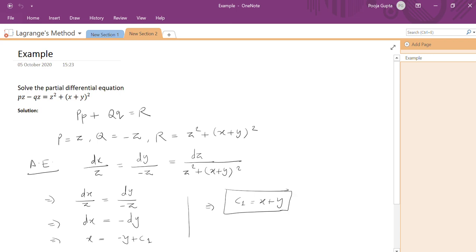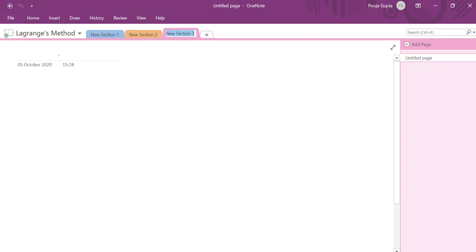Now for the second integral, we can see that it's not easy to obtain an integral using rule 1. We cannot consider any two fractions and obtain the integral using rule 1. So here we will use rule 2 and use this first integral. Let's consider the first and third fractions. The first fraction is dx upon z, and the third is dz upon z square + (x + y) whole square.